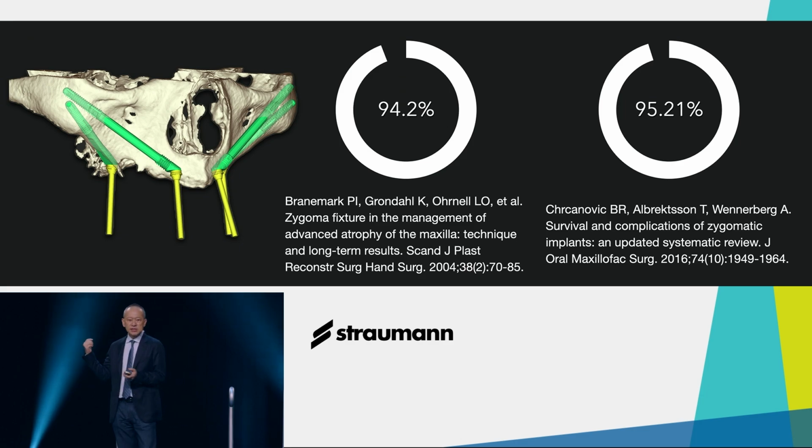And the subsequent study by Chow and his co-workers also showed us very favorable long-term results up to 12 years after function. So zygomatic implant is another very effective tool in our hands when we have to rehabilitate a patient with severely atrophic maxilla.